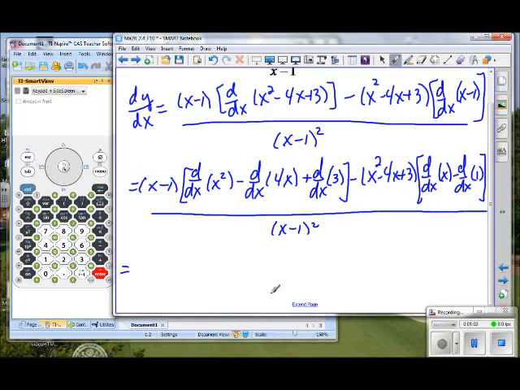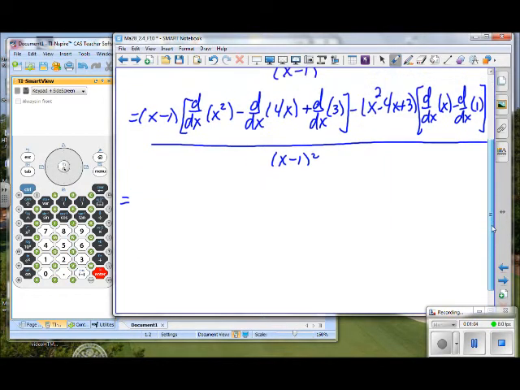Okay, so we need now to take these derivatives, all of them at this point. So we have our x minus 1, that's a factor here. The derivative of x squared is 2 times our leading coefficient. So 2 times 1 is 2, and we subtract 1 from our exponent.